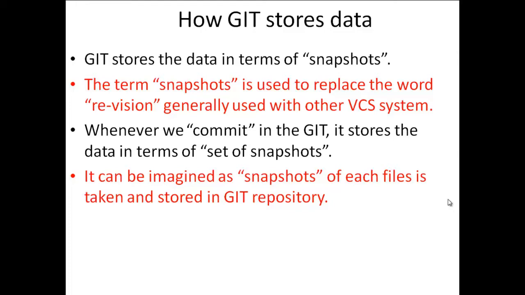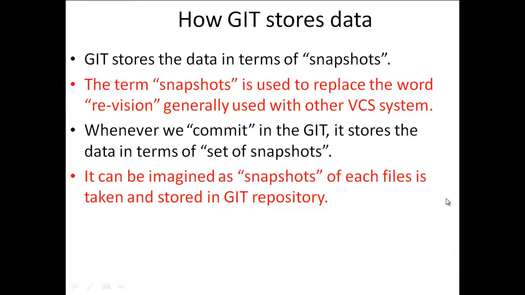It will only commit the files in which the changes were actually made. Otherwise, it would keep unnecessarily committing files in which we have not made any changes. So this is of no use, right? It only commits the files in which the changes are made.